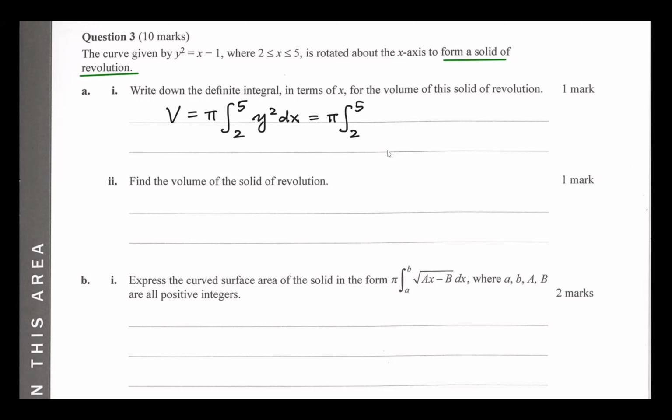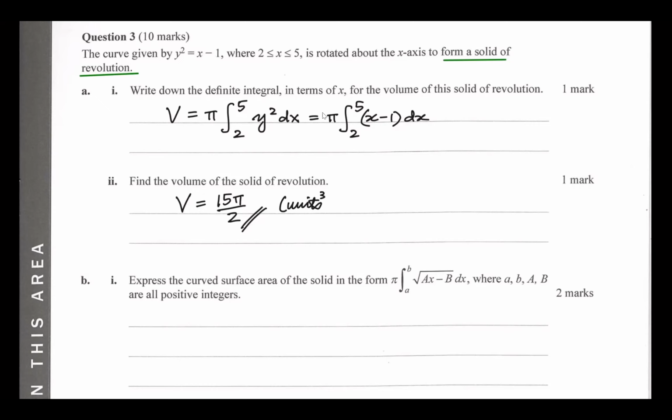From 2 to 5, pi times x minus 1 dx. Now find the volume of the solid of revolution. Basically, you can just type that in your CAS calculator, and I suppose you should get V equals 15 pi over 2, something like that, okay?